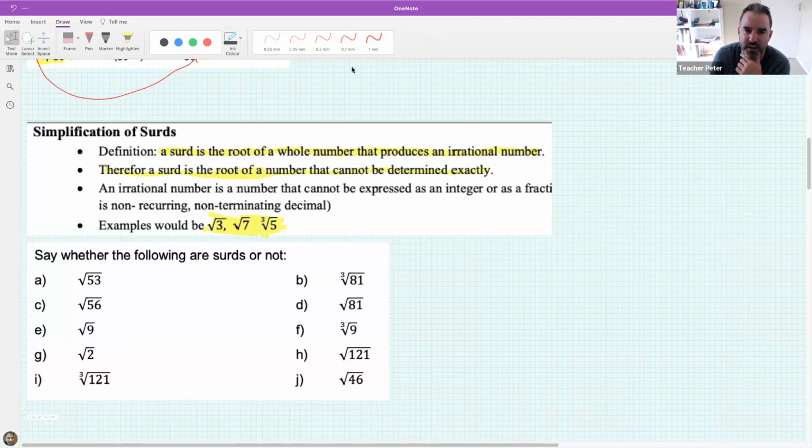And the same with square root 7. If I told you to put square root 4 in your calculator, is that messy or neat?